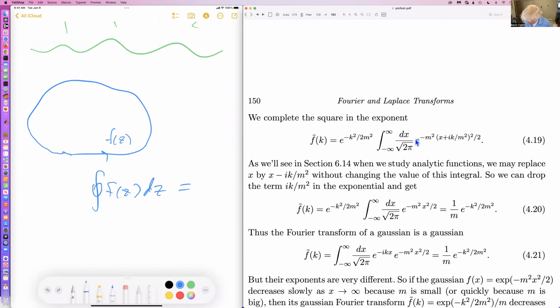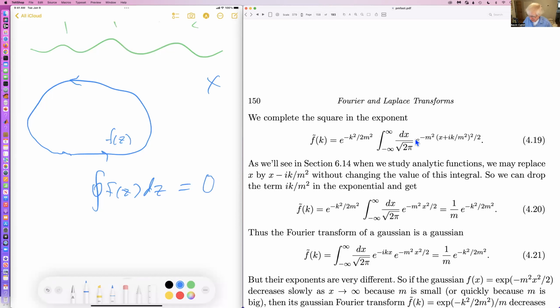It's 0 if you go along a closed curve in the complex plane in a region of analyticity, and the curve and everything inside the curve is inside a domain of analyticity. So if you have any poles, they're out there. Any lack of analyticity, it's out there.